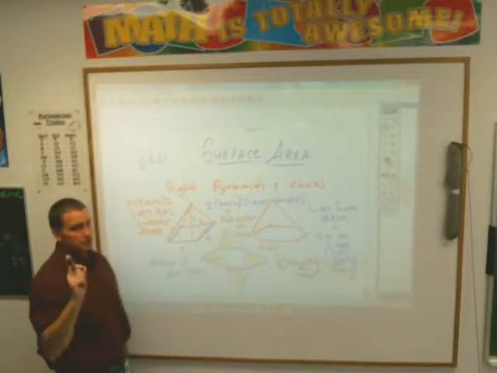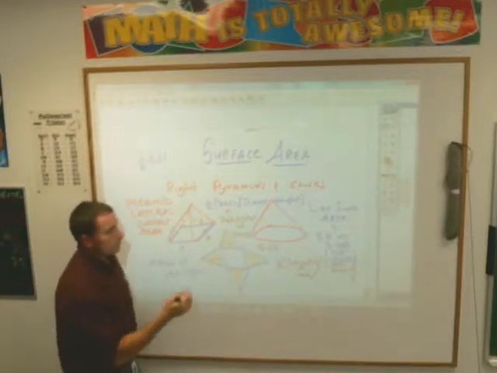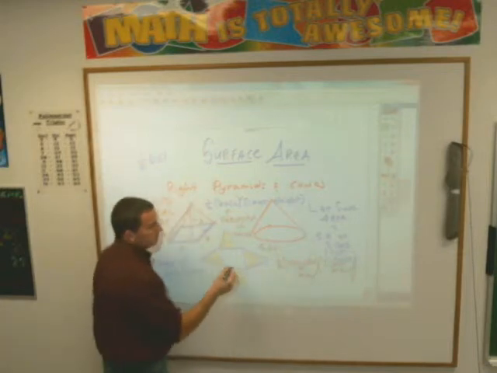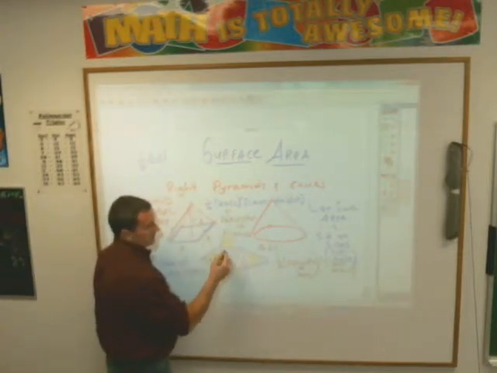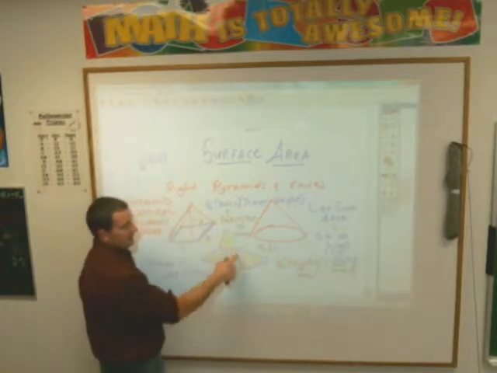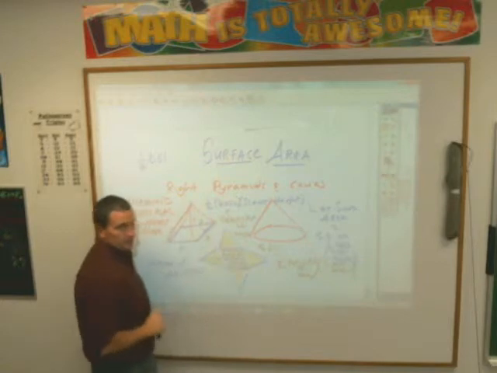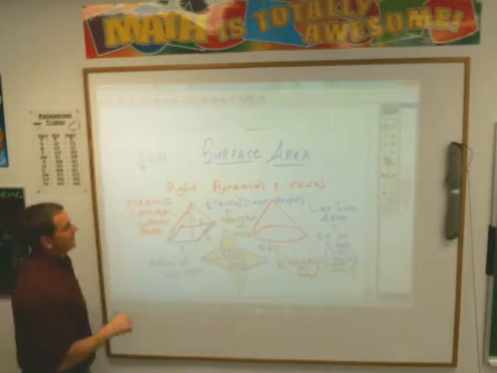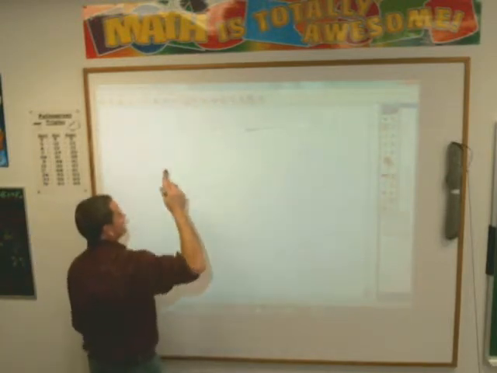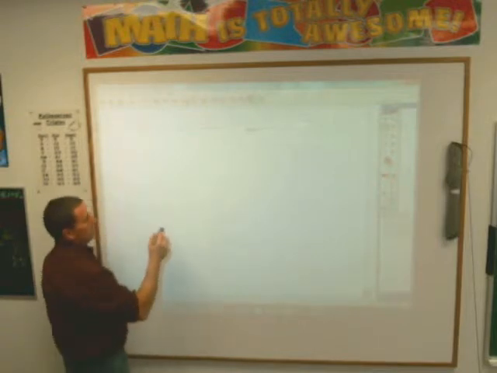If it asked you to do total surface area, it's going to be the lateral surface area, plus you'd have to find the area of the base and add it to it. That's total surface area. We're going to do one exciting problem right here, right now.